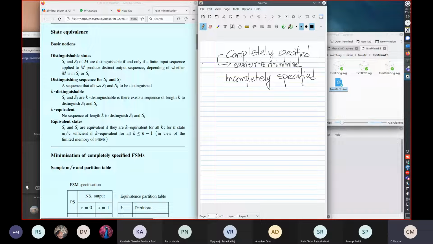So you can have a machine. It's a finite state machine.